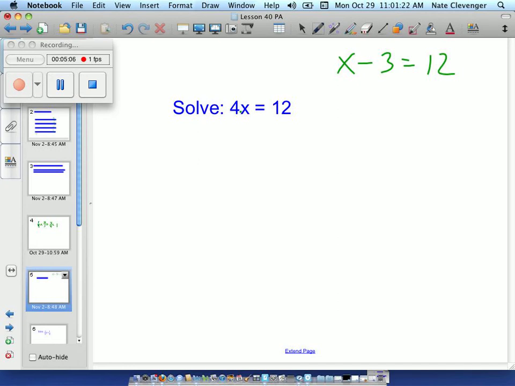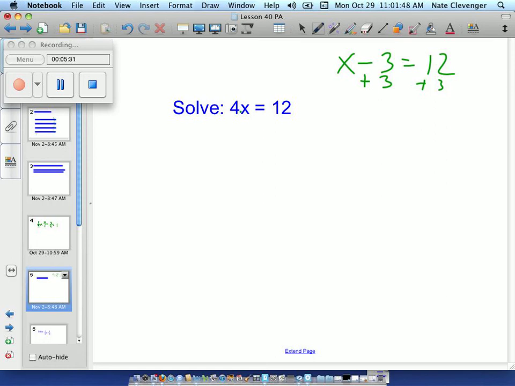Add 3. We had to do the opposite, didn't we? This was minus 3, so we added 3 to both sides to keep the balance. We used the opposite operation, or the inverse operation. If we have multiplication between our coefficient, the number with the variable, what do we do to undo multiplication?